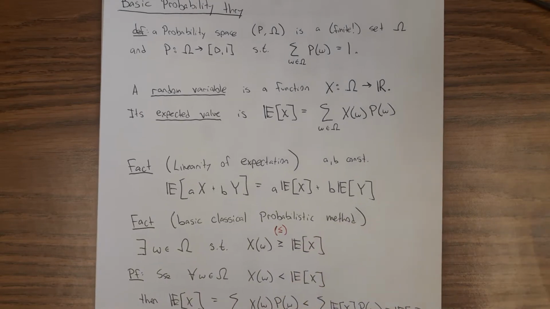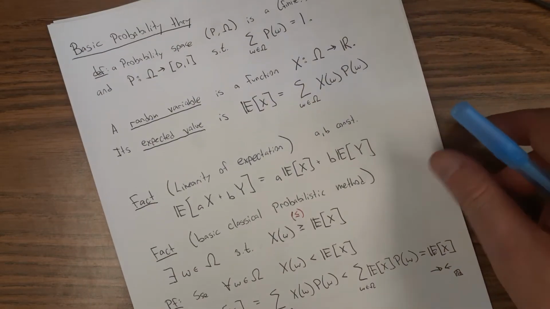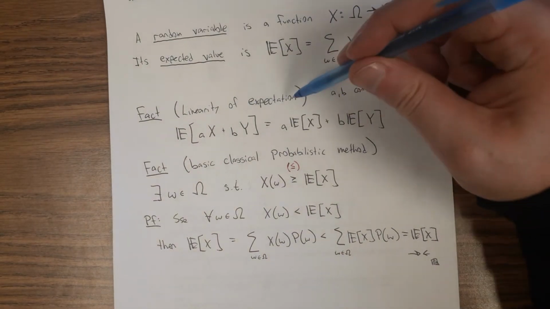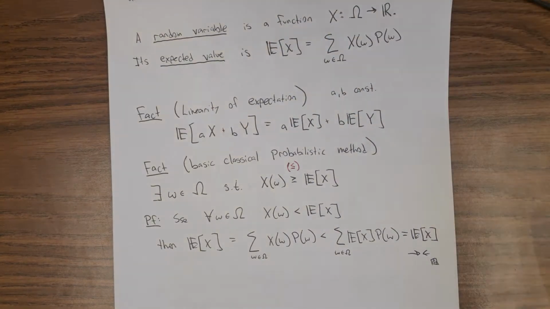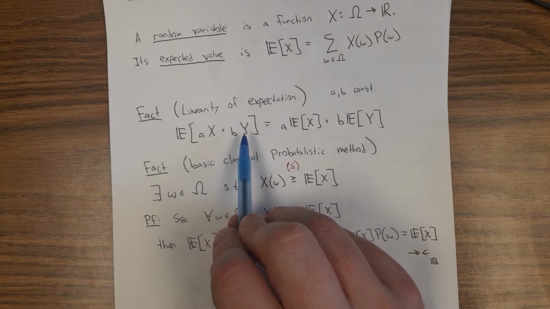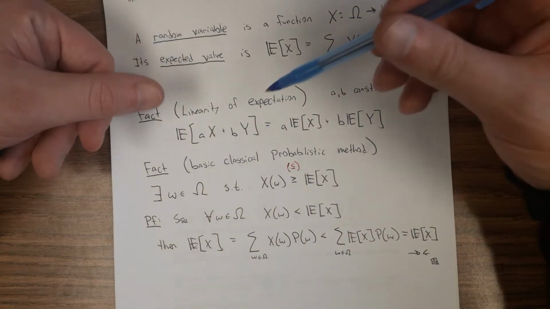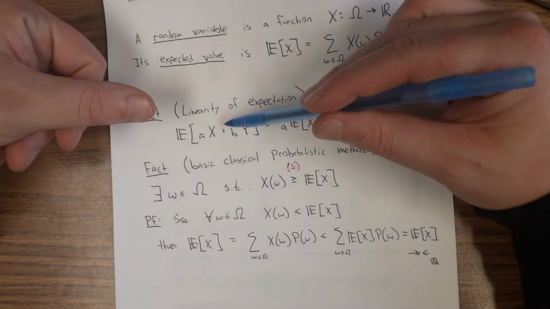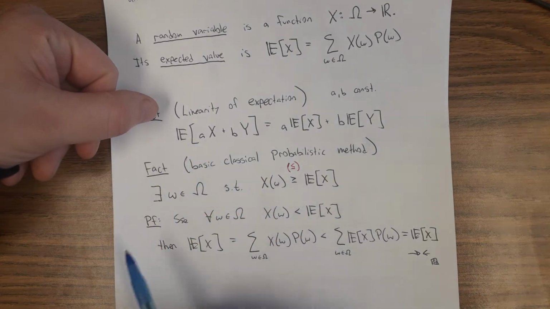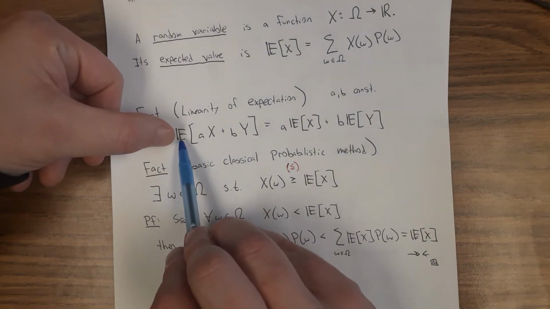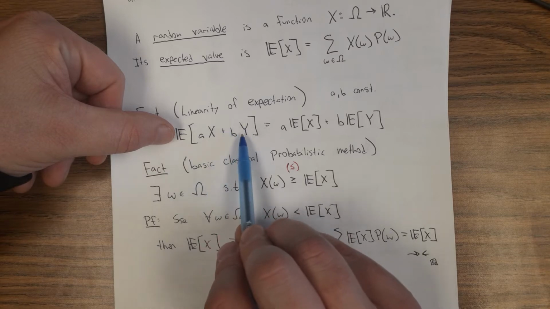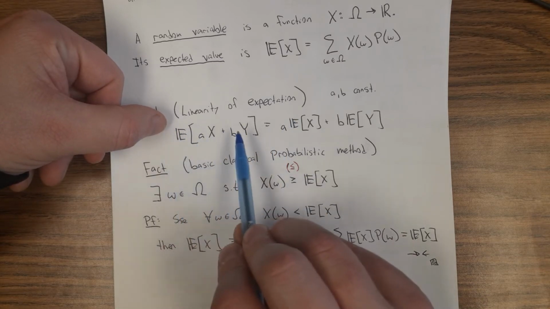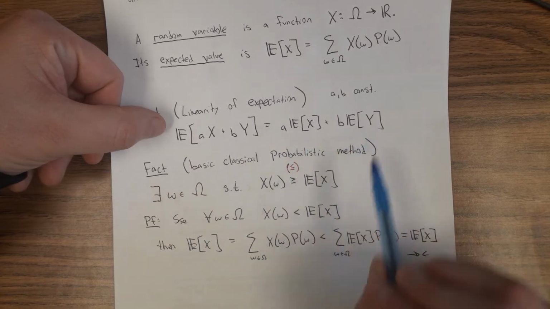So, a couple of facts about expectation. And by the way, when I say expectation, that's synonymous with expected value. If you take any two constants, a and b, the expected value of aX plus bY is a statement of the fact that you can separate out addition and you can also pull out constant multiples. So I can take this expectation and do the expectation of each one, and I can pull the a outside of this one and the b outside of this one and get this.